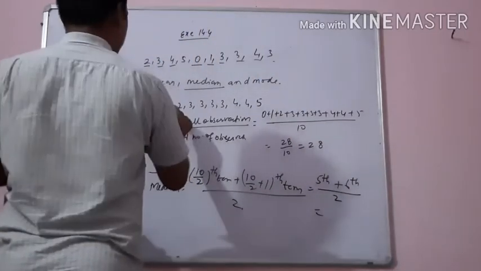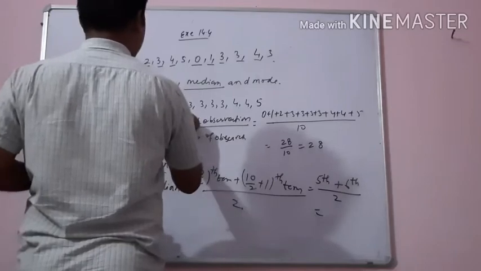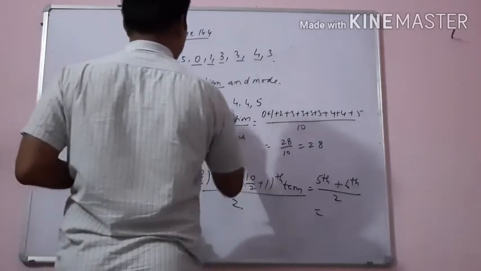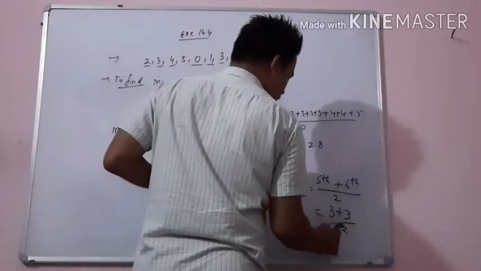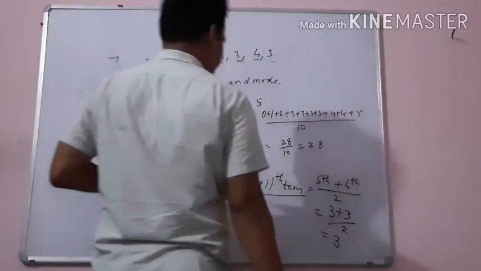What is the fifth term? First, second, third, fourth, fifth. This is fifth and this is sixth. So 3 plus 3 upon 2, that is 3.